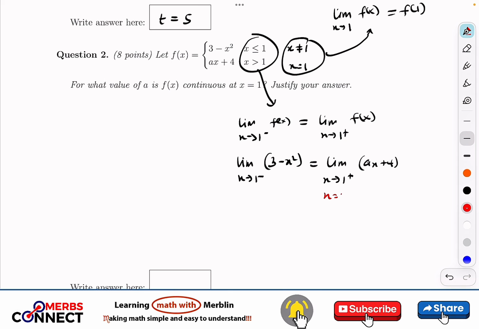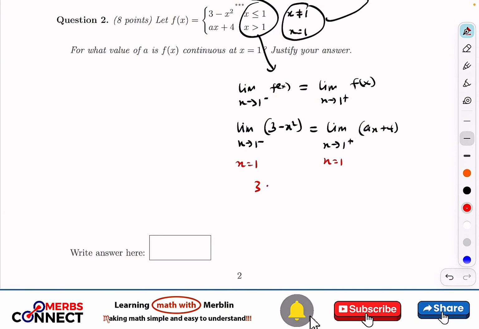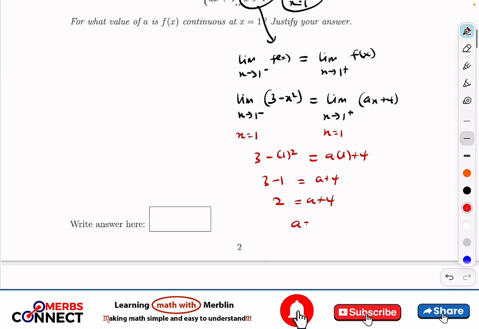So I'm going to set x equal to 1, and I'm going to have 3 minus 1 squared is equal to a times 1 plus 4. 3 minus 1 is equal to a plus 4. Then 2 is equal to a plus 4. A is equal to 2 minus 4, so a should be minus 2. So when a is minus 2, the function is going to be continuous at x equal to 1. So a is equal to minus 2.